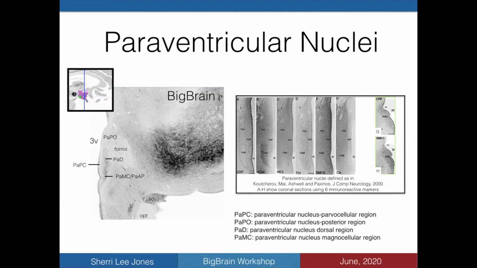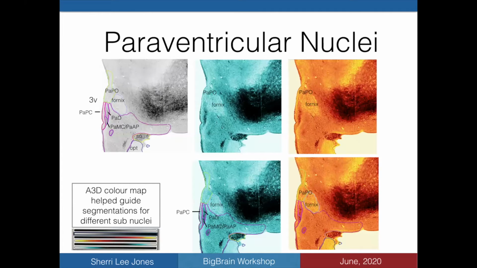And on the right, we have the histological publication by Kucherov that demarcates the different regions based on different immunoreactive markers. In A3D, there's a color map feature, and that really helped with the visualization to see the different substructures of the PVN, and you can see the resulting segmentations that are drawn in different colors here on the left.